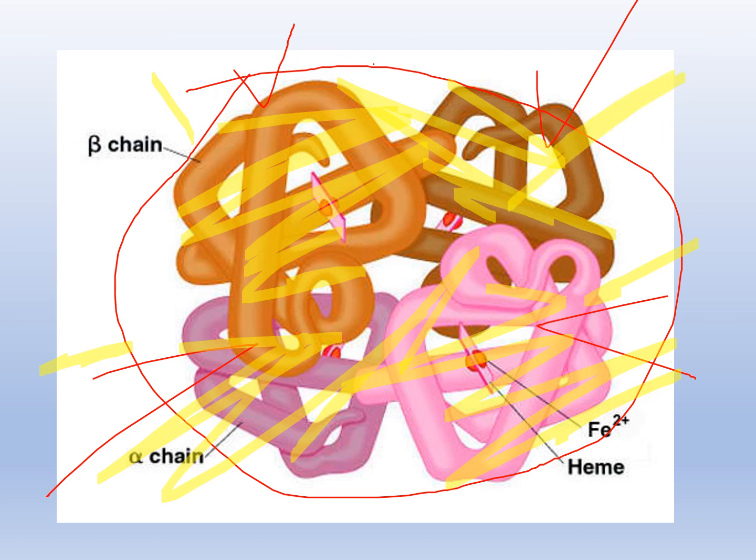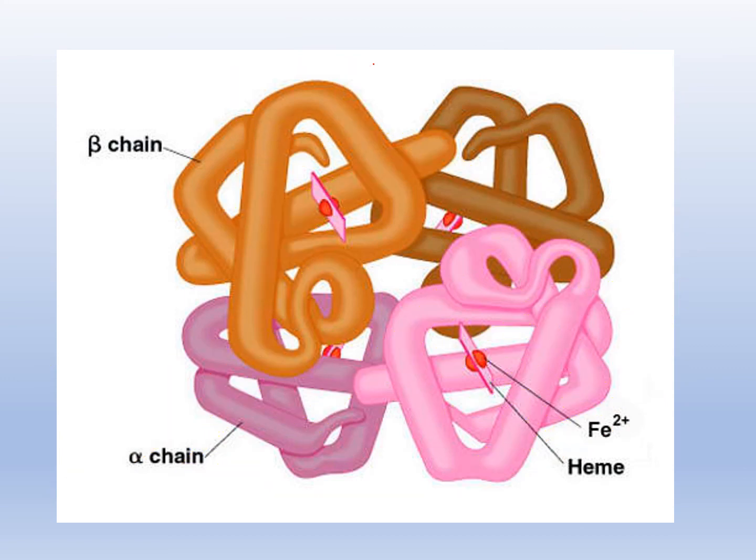This is also the beta chain. And they are actually bonded together. We have the heme and the iron component of hemoglobin. So quaternary structure is the most complicated structure of protein because it is now a combination of tertiary structures bonded together.